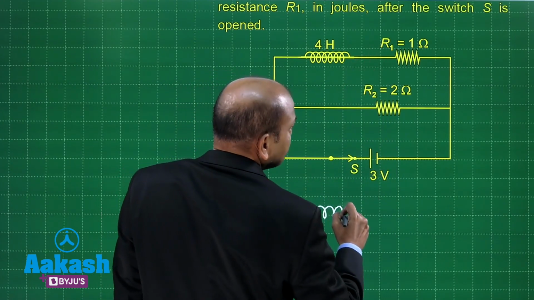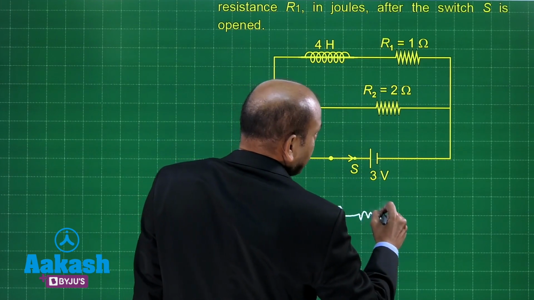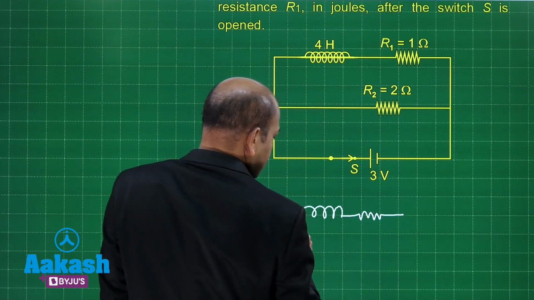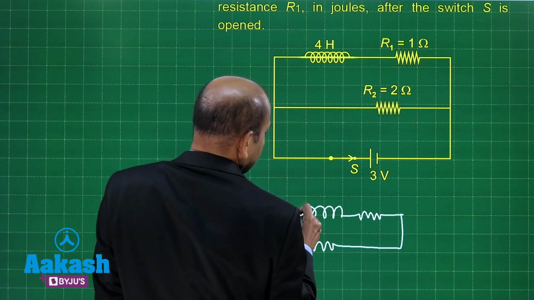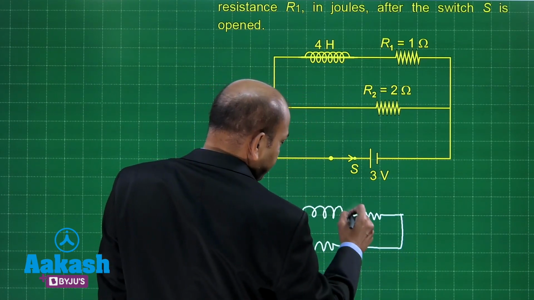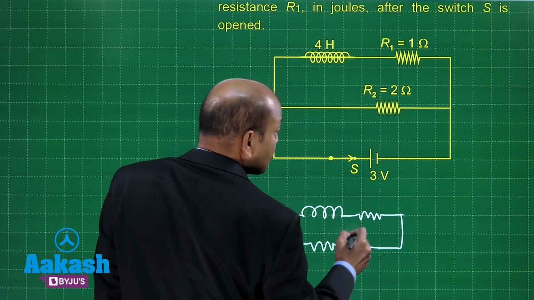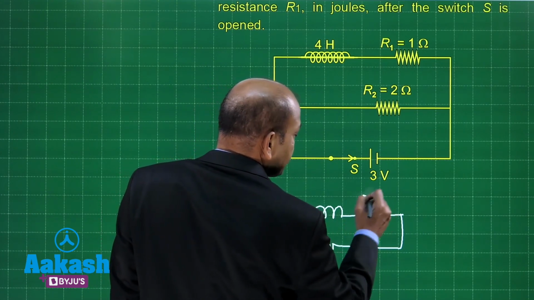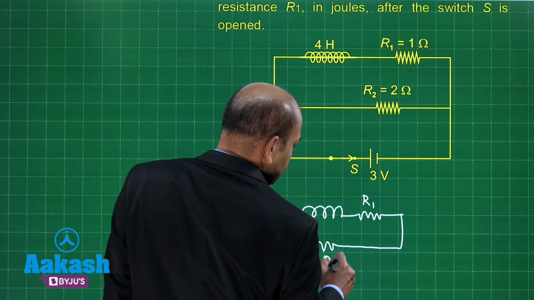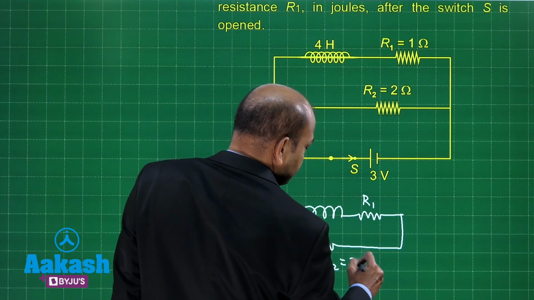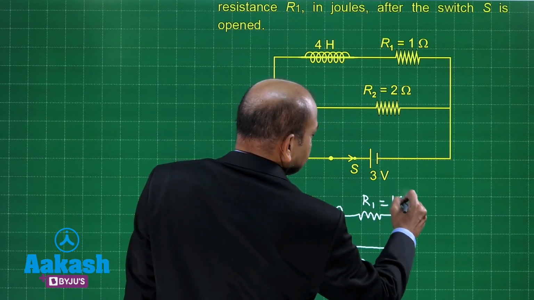There is an inductor, this is R1 and this is R2. If originally the current was flowing like this, the current will keep flowing, but it will obviously not be constant in magnitude, it will go on decreasing, in fact, exponentially. So, this is R2 and its value is 2 ohm, R1 is 1 ohm.